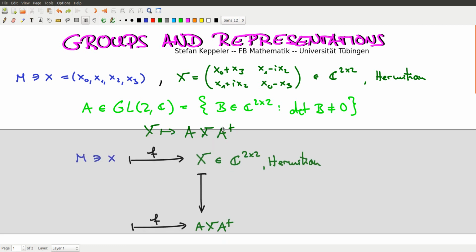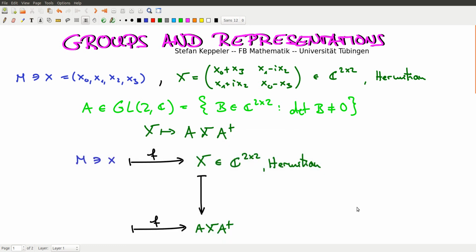So this means we've done this here. We started with a point in Minkowski space, mapped it to a Hermitian 2 by 2 matrix, and then transformed this Hermitian 2 by 2 matrix with this transformation here above.